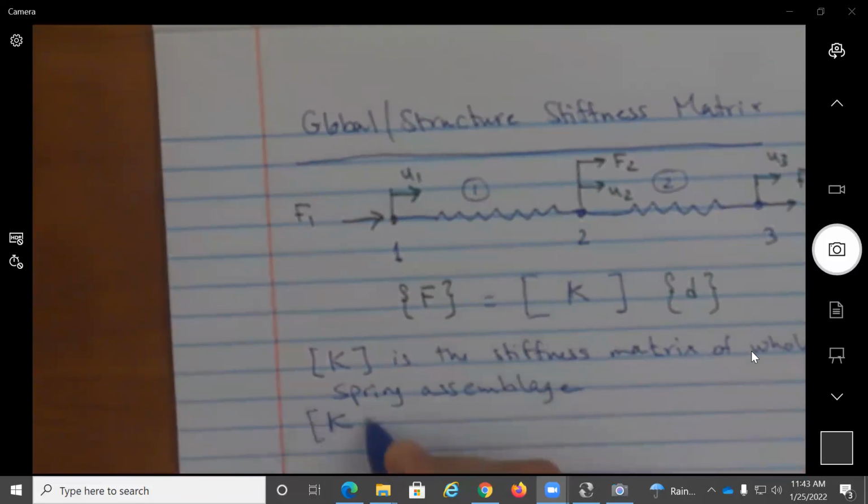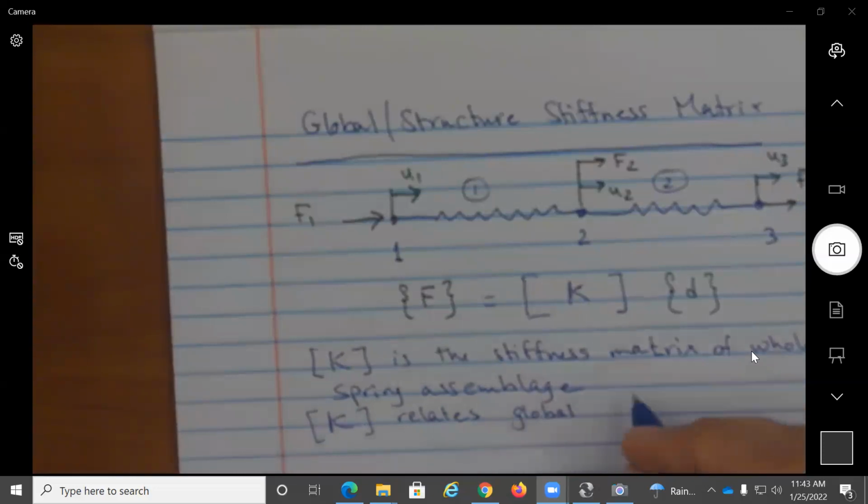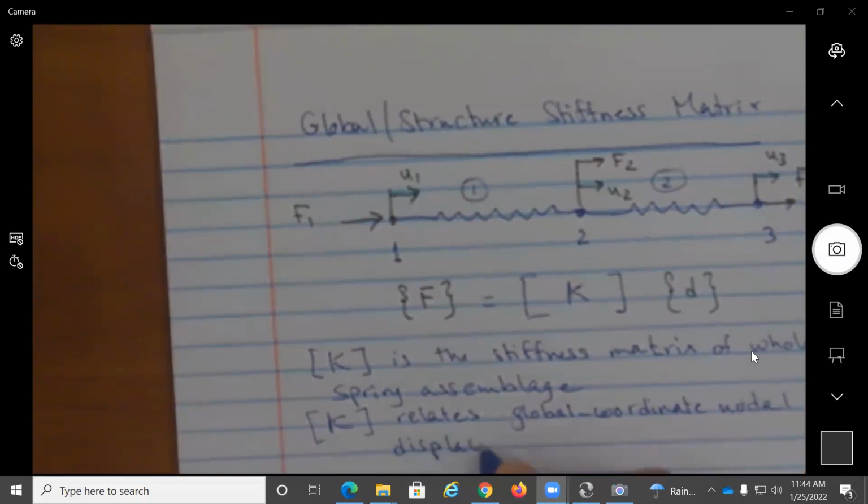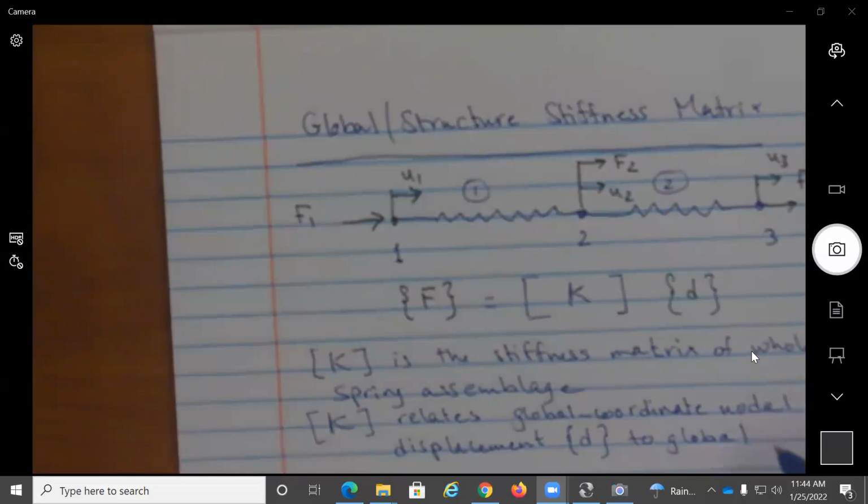This K relates global coordinates nodal displacements D to global, and I'm going to add the word external, forces F, as shown here.